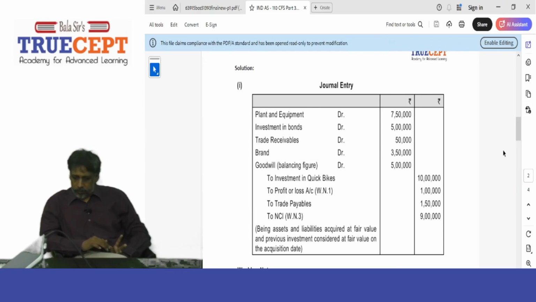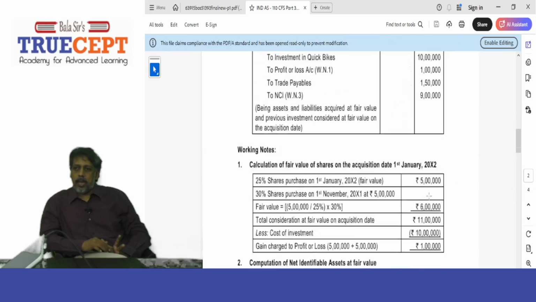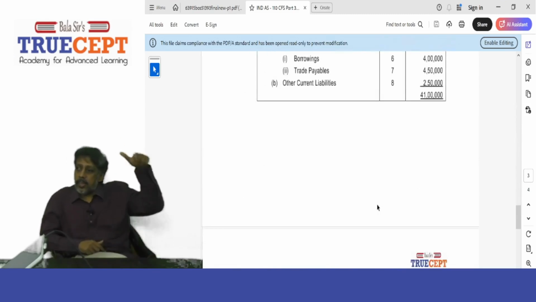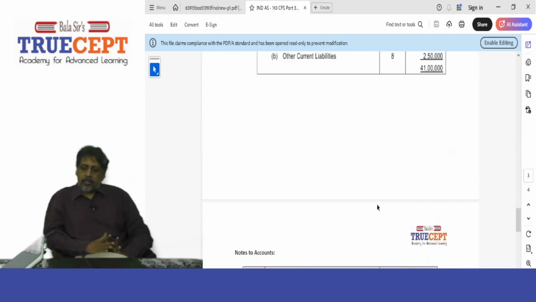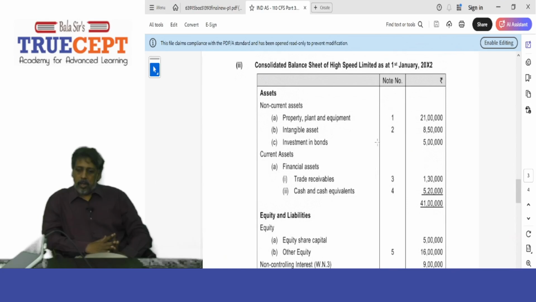Now the balance sheet. I will take my assets plus assets taken over in this entry, right? Consolidated balance sheet of High Speed Limited, or my company, as at 1st January 20X2. Assets, under that non-current assets, property, plant and equipment, working note number 1, 21 lakhs.